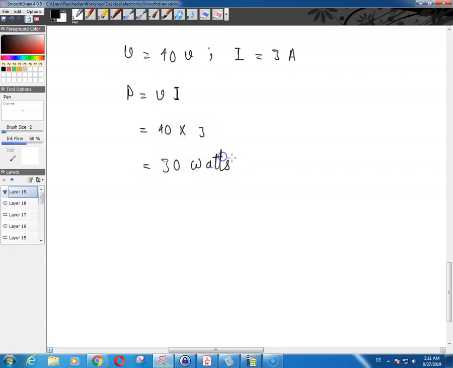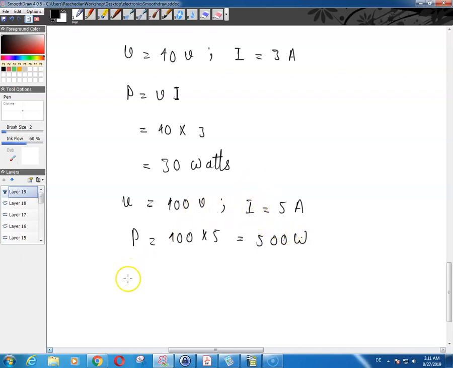So that's 30 watts. Or if your voltage is, for example, 100 volts and your current is 5 amps, then your power is going to be 100 times 5, which is equal to 500 watts.